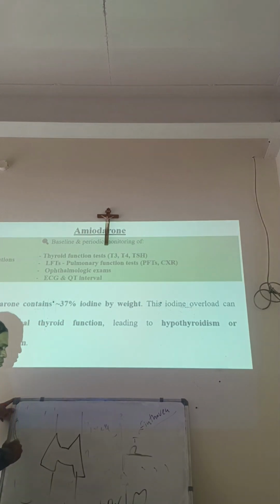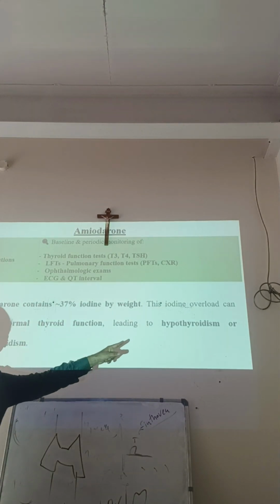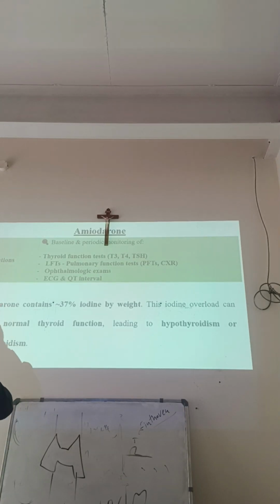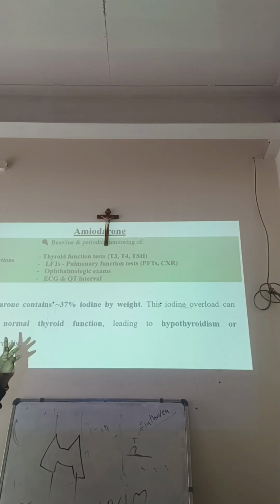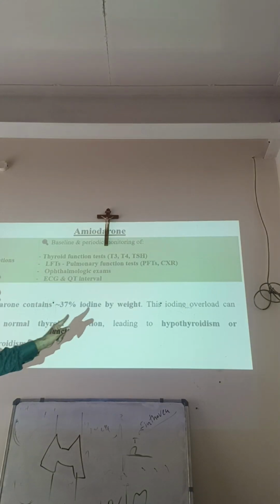Whether it's hypothyroidism, the gland will swell. Hyperthyroidism, the gland will swell. Thyroid cancer, the gland will swell. So one patient came with gland swelling. How do you know if it is hypo, hyper, or cancer? In all three, swelling is there. Understood? The patient doesn't know whether he has hypo or hyper. So you have to do investigation. Now what is happening here?